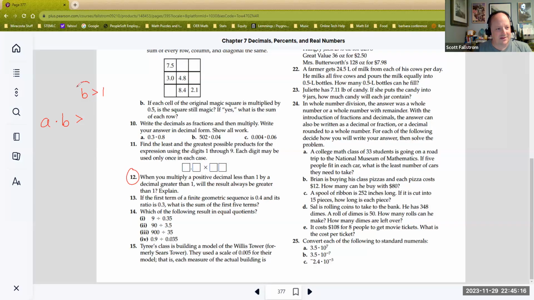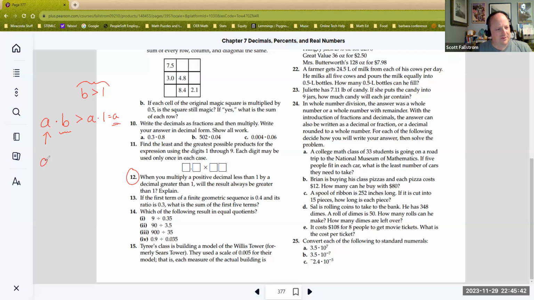It's like taking this and multiplying both sides by A, which is again some positive number. So A times B is going to be greater than A times 1, which is A. So this is basically saying you take some number and you multiply by a value bigger than 1, it gets bigger than what you started with.